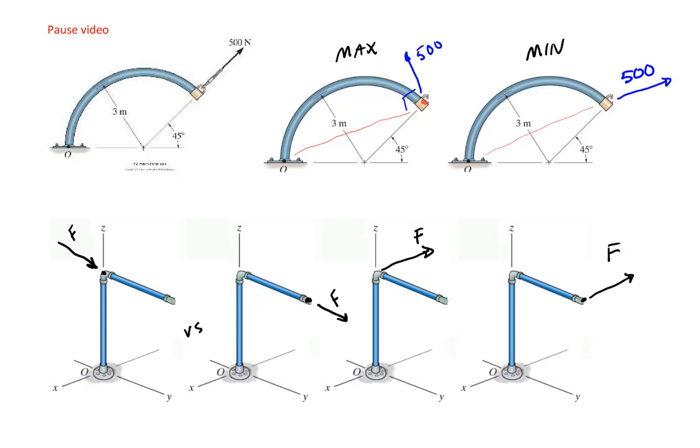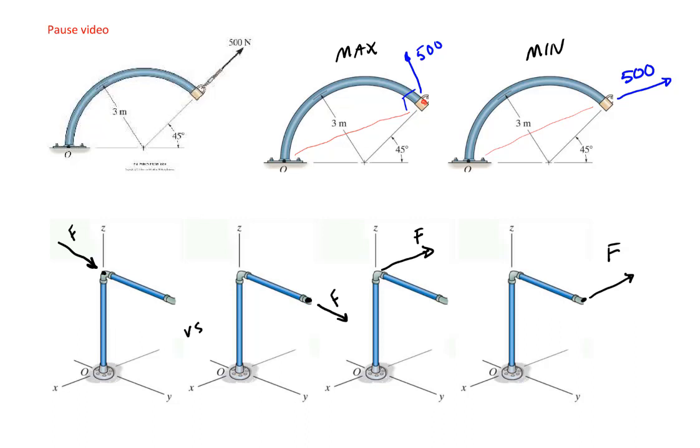We're going to talk about the axes in the next video, but the moment is going to be the same about point O, because there is no difference in whether I apply the force here or here, because of transmissibility.